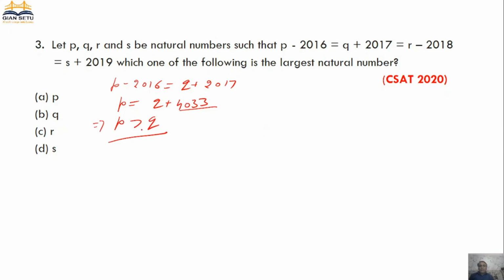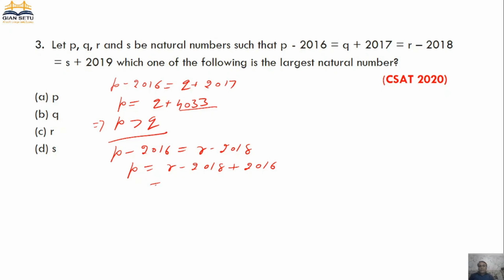Now let's compare P with R, because P is greater than Q. For that, P minus 2016 is equal to R minus 2018. Now P is equal to R minus 2018 plus 2016.